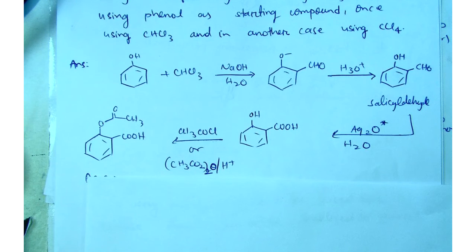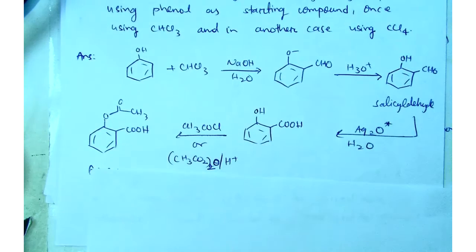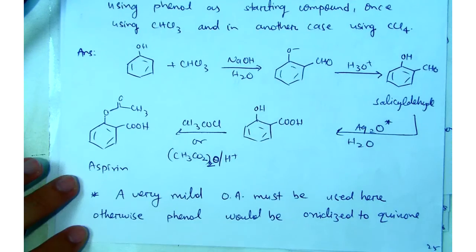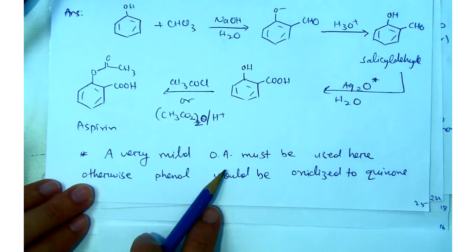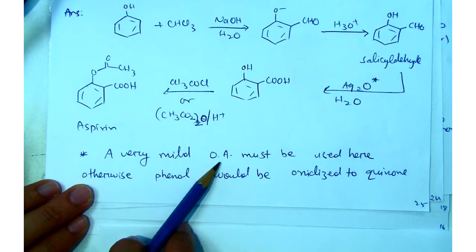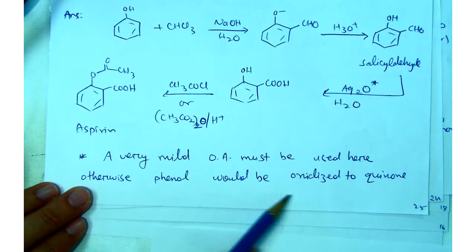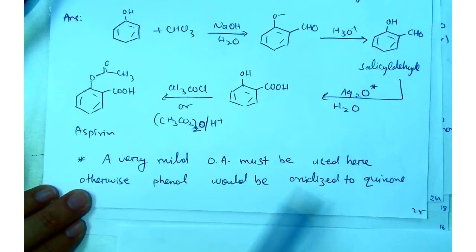The reason we cannot use a very strong oxidizing agent is that the phenol OH group itself gets oxidized, so that's why we're using a different oxidizing agent.